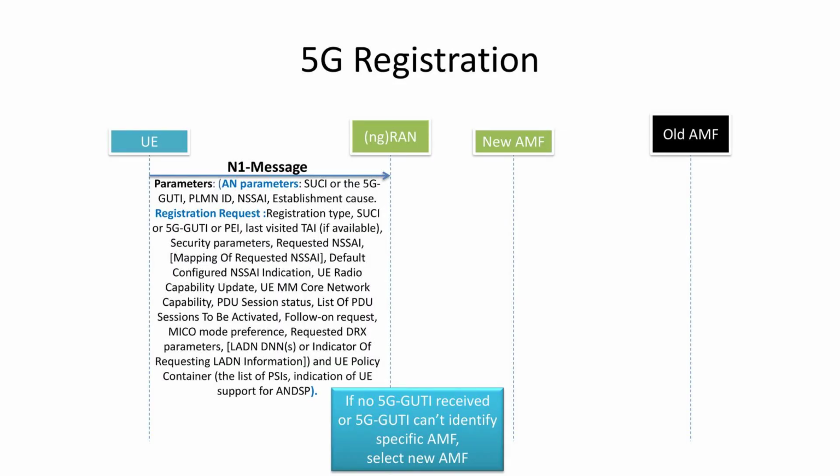Returning back to the call flow, the NSSAI, which stands for Network Slice Selection Assistance Information, is used by the UE to select the suitable network slice based on the network pre-provisioning of user equipment. The 5G GUTI helps in selecting the AMF. If no 5G GUTI is provided or identified, the 5G RAN selects a new AMF.